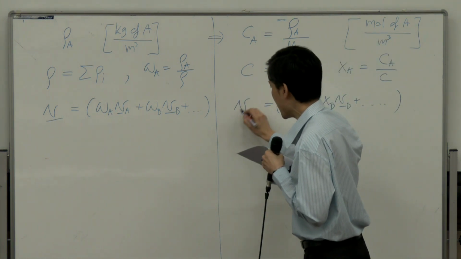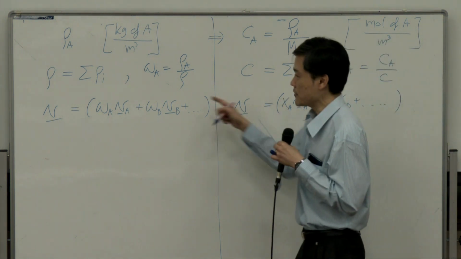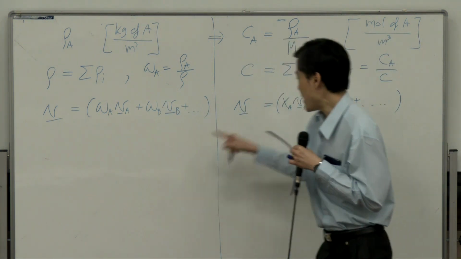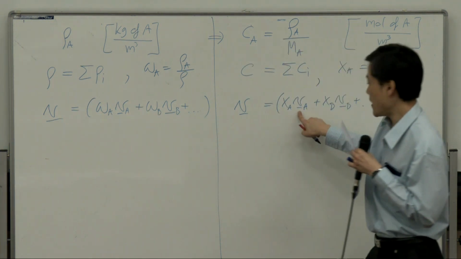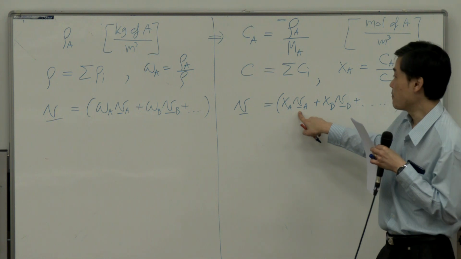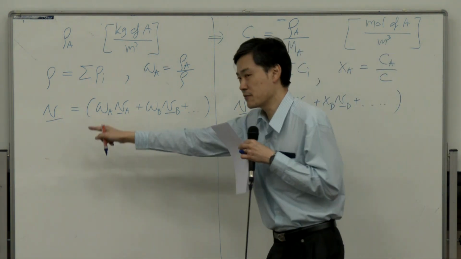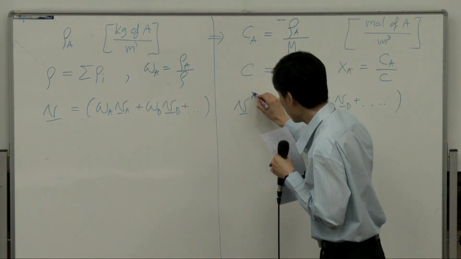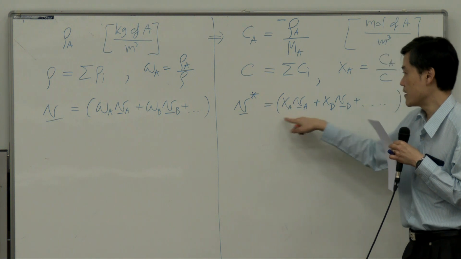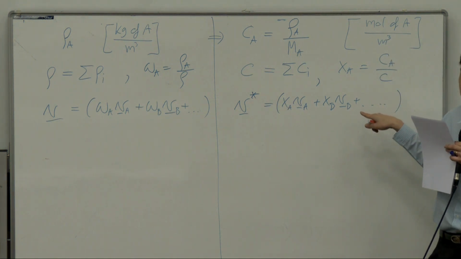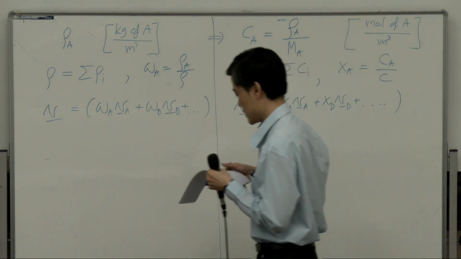This one will be an average velocity as well. The problem is, mass fraction and mole fraction are not the same. This VA and that VA are the same, but when you weigh them differently, the results are not the same. So we put a star over here just to say that this average was done on molar basis. Okay?